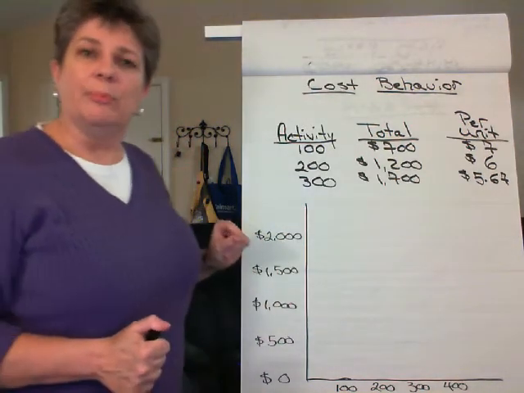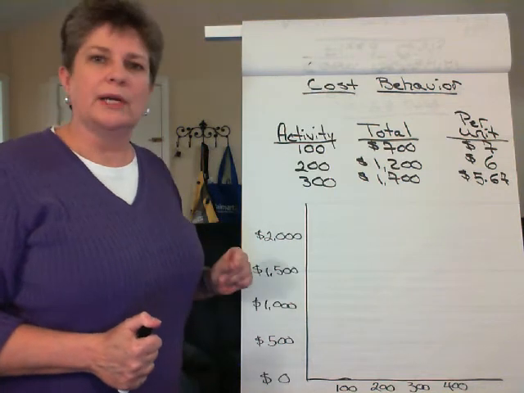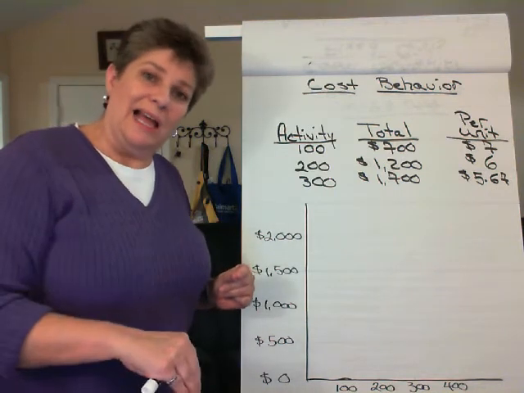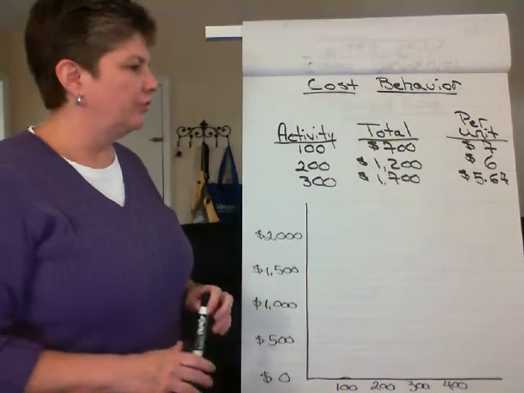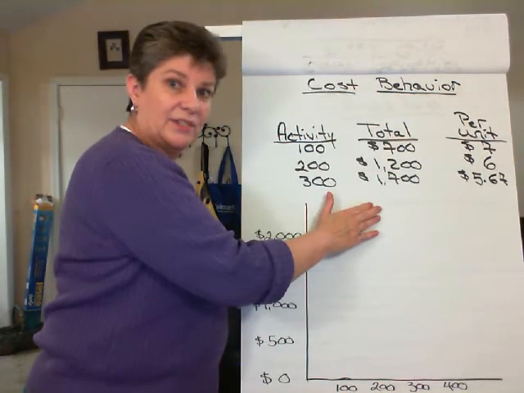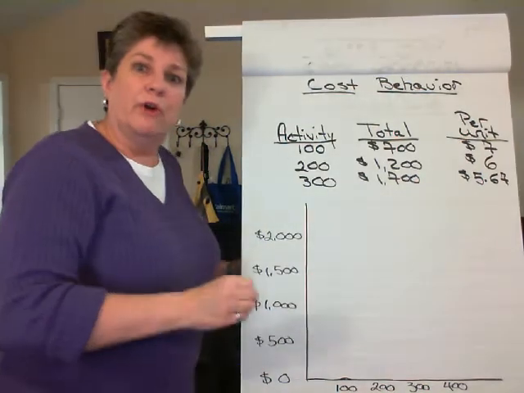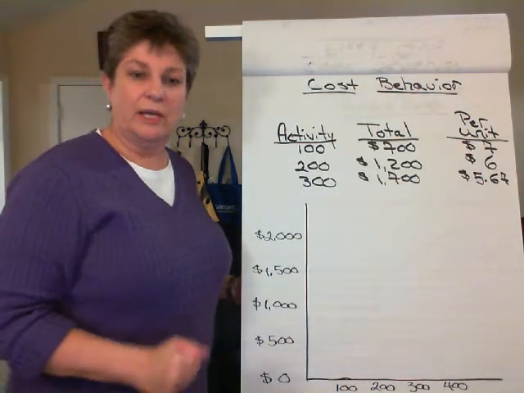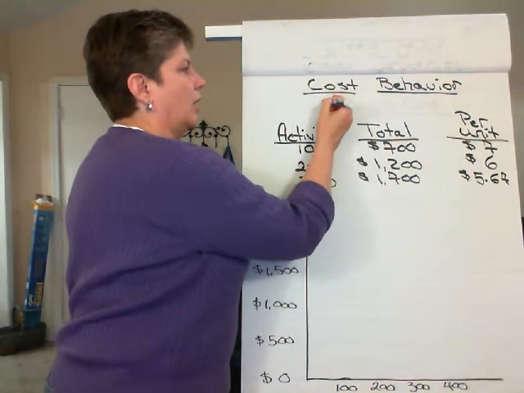So that has the appearance of being a fixed cost because the per unit cost declined as activity went up. So that appears to be a fixed cost. What we've got here, because the total does actually change, and the per unit changes inversely with the change in activity, what we actually have is what is called a mixed cost.